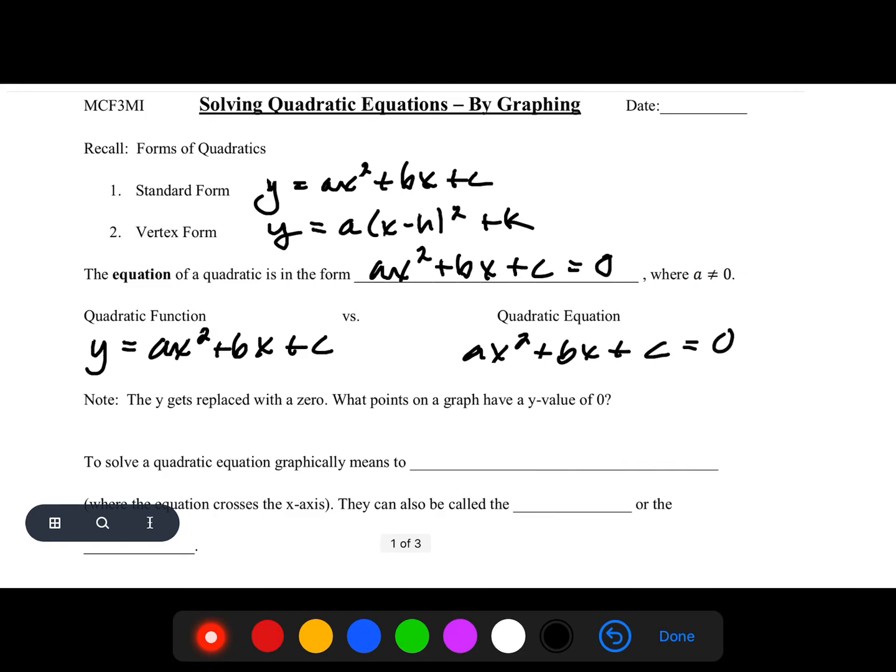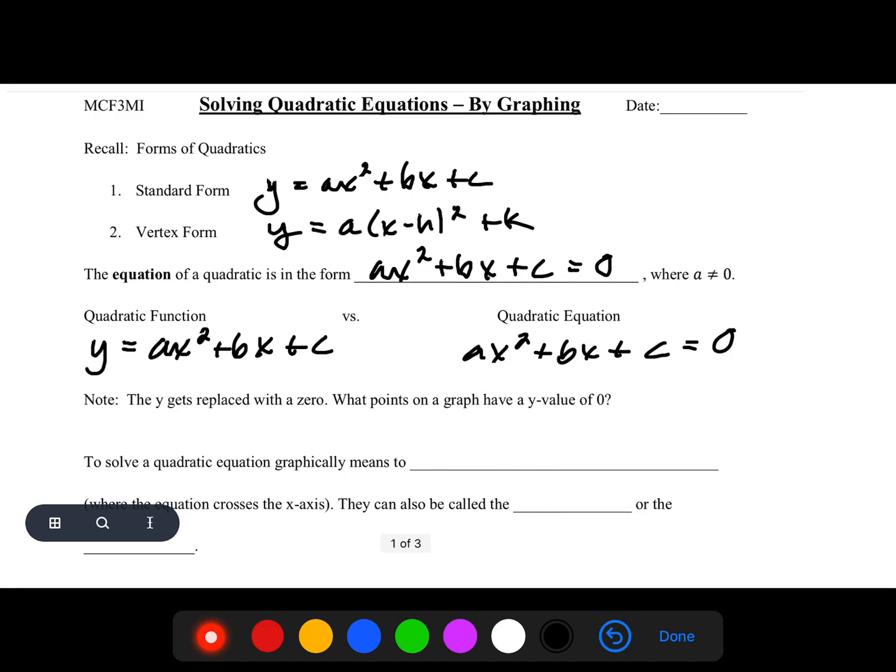So we know that y is equal to 0. So what we're doing is taking a look at what values of x are going to give us an answer of 0 for y. Okay, so what points on a graph have a y value of 0? If we think about graphically, we know that y is 0 where we have our x-intercepts.